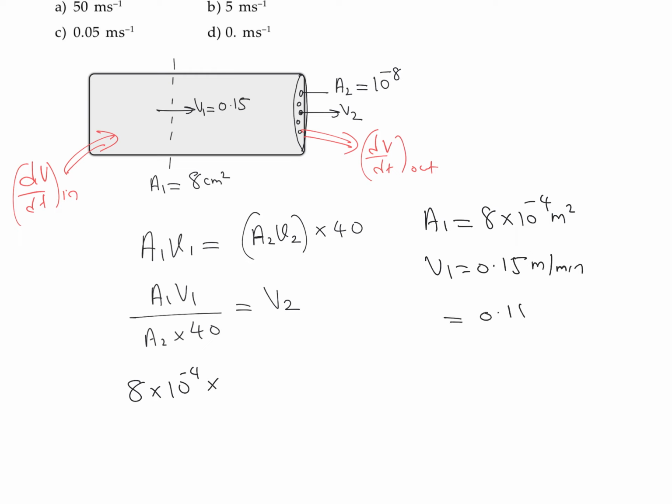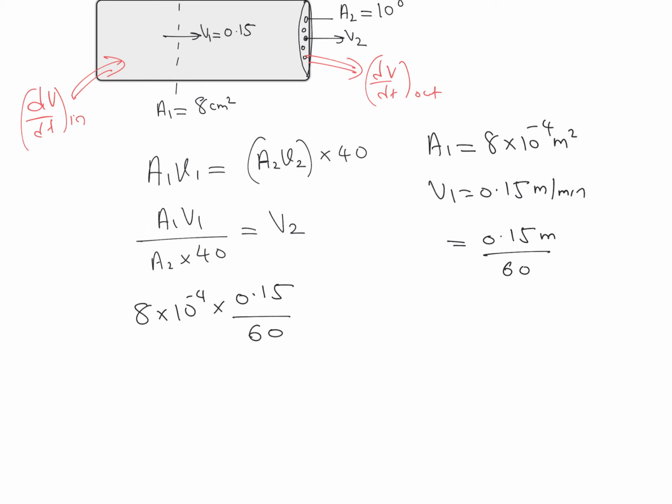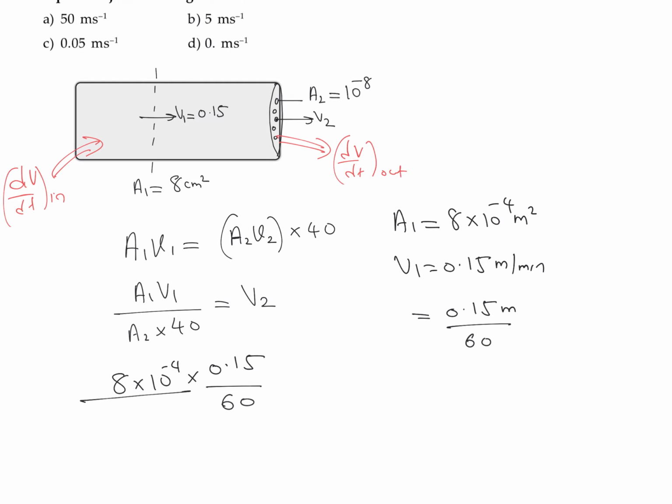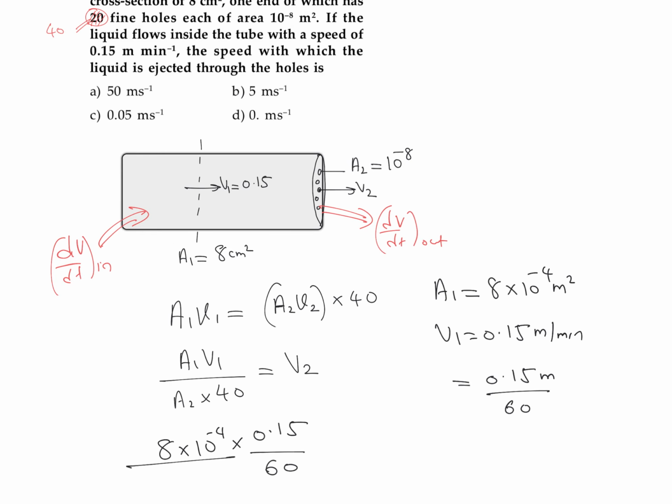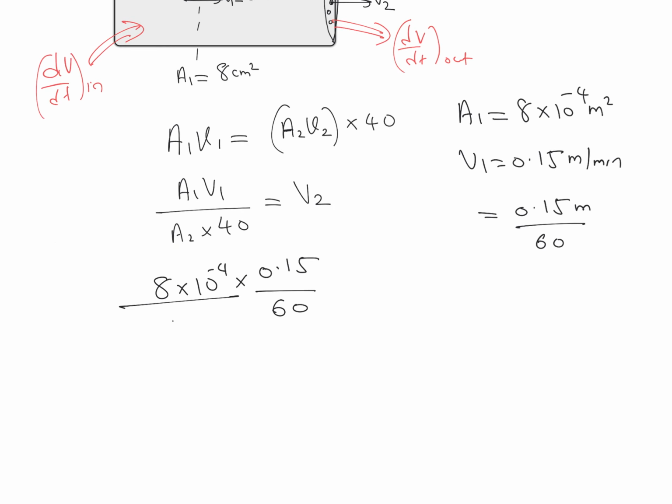So we can write this as 0.15 meter divided by 1 minute, which we can take as 60 seconds. So it becomes 0.15 divided by 60. And the value of A2 is given as 10 raised to minus 8 meter square, so we write 10 raised to minus 8 over here into the value of 40. This is going to give the value of V2.